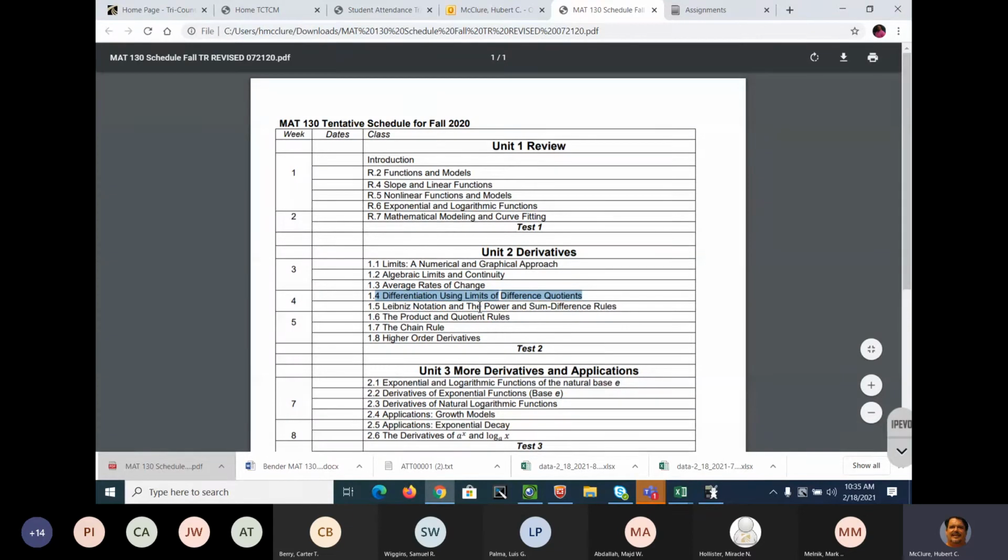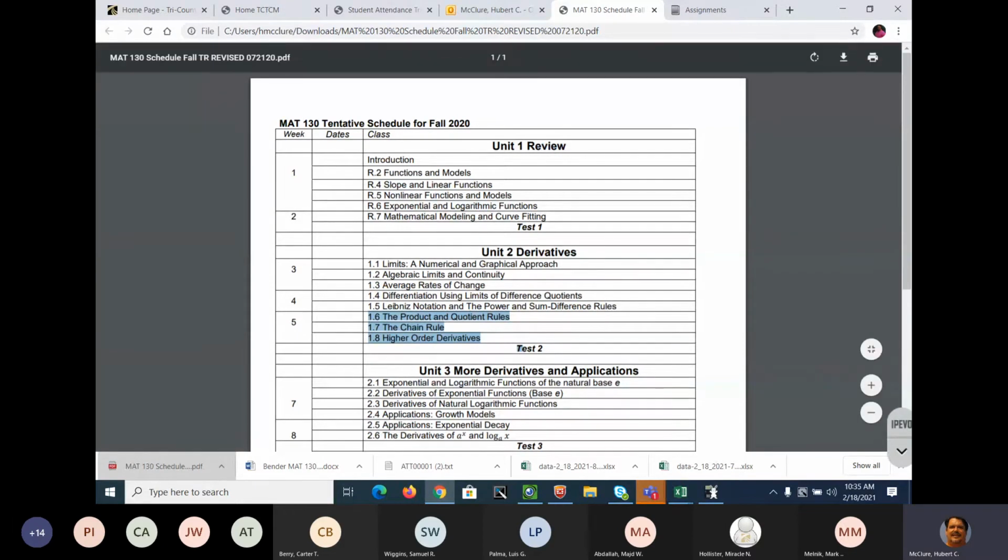I want you to write that down. 80% of your Unit 1 test is going to come from 1.6 through 1.8. 20% of your test is going to come from 1.4, what we're doing right now.